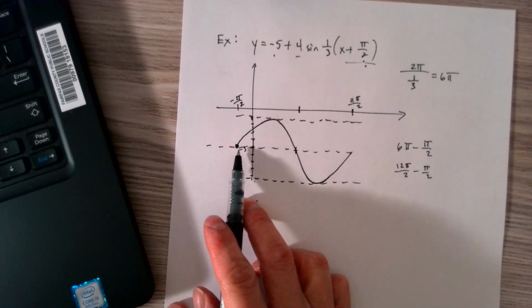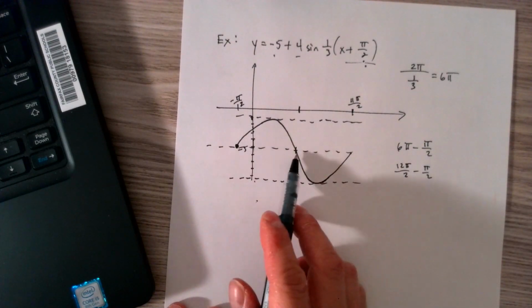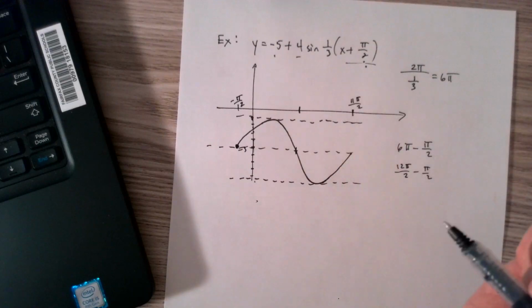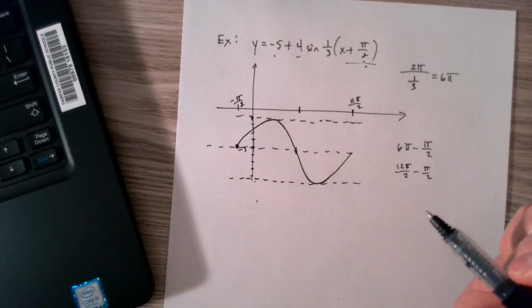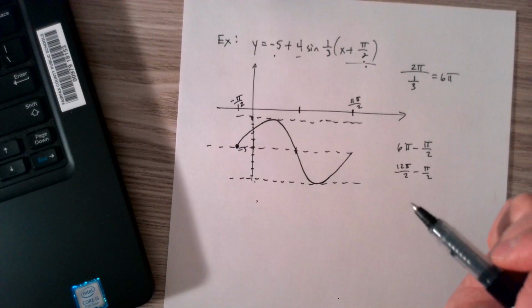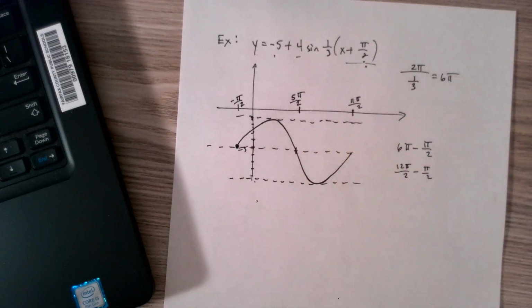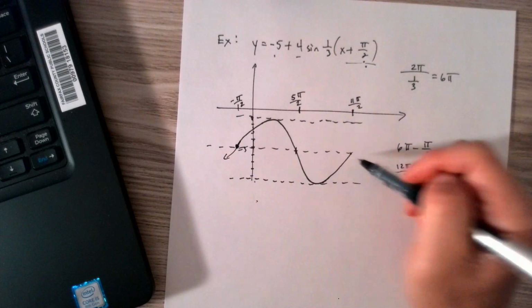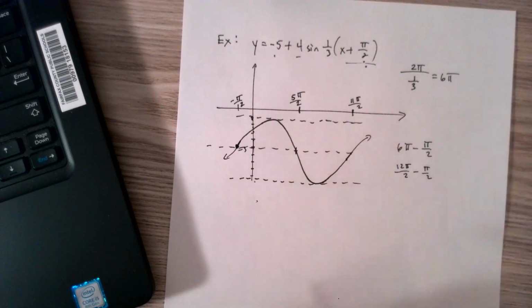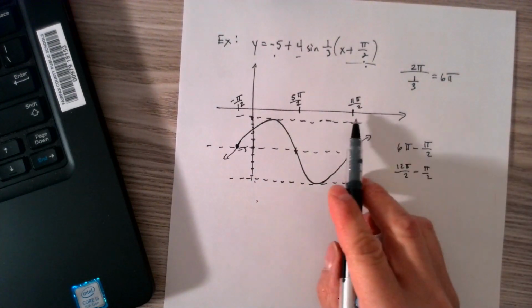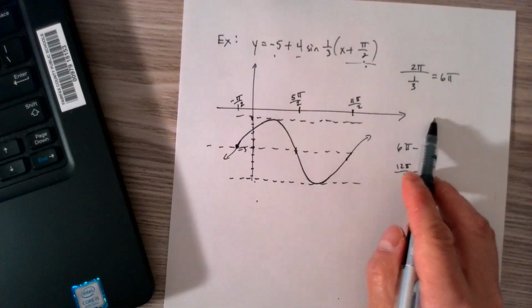So 3 pi from here to here would put us at 5 pi over 2. And then you can draw your second cycle by adding another 6 pi to 11 pi over 2 to get the next one.